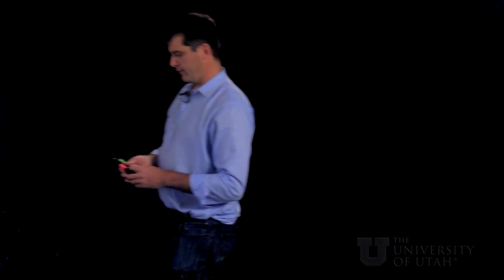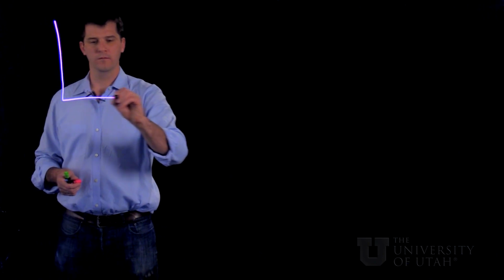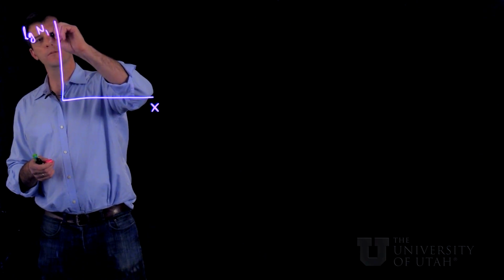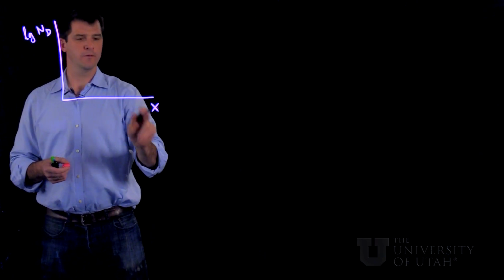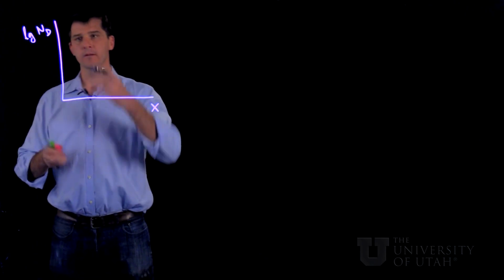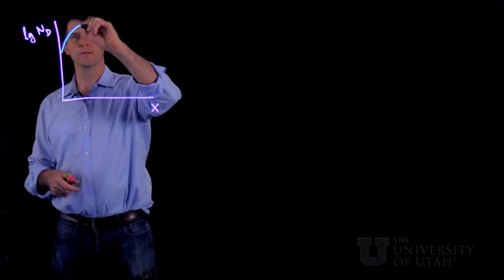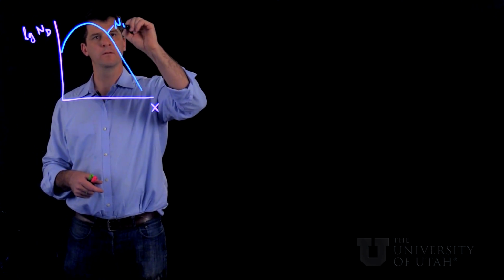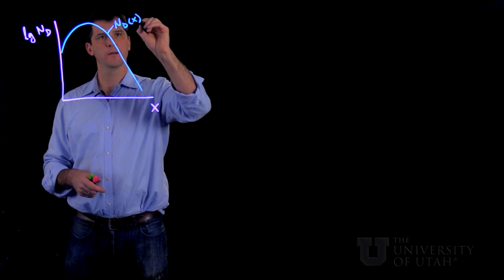So let's go back now to our example of an ion-implanted semiconductor. So we're plotting the log of the number of donors versus the distance, x. And the implanted profile looks something like this, ND of x.